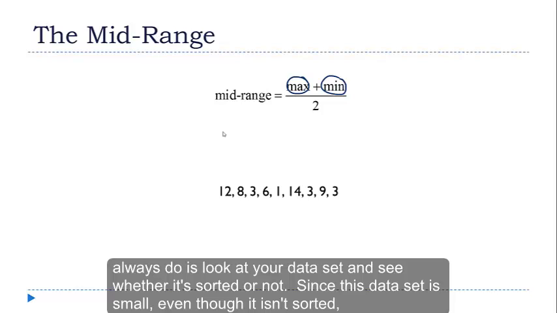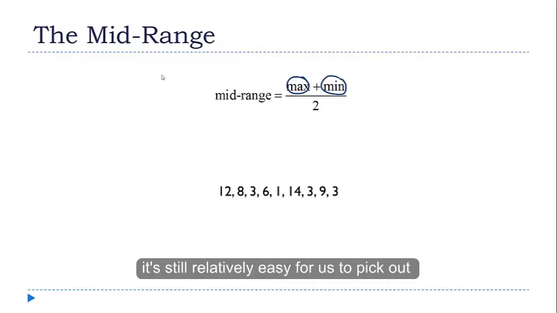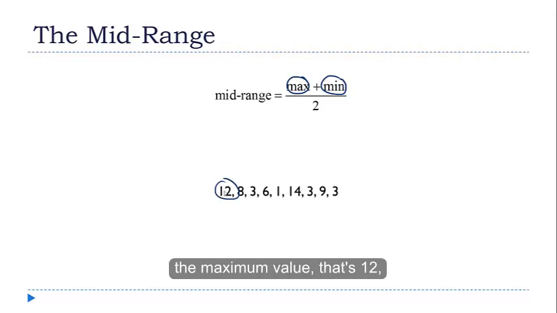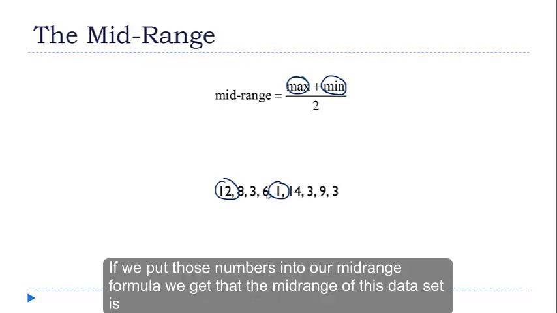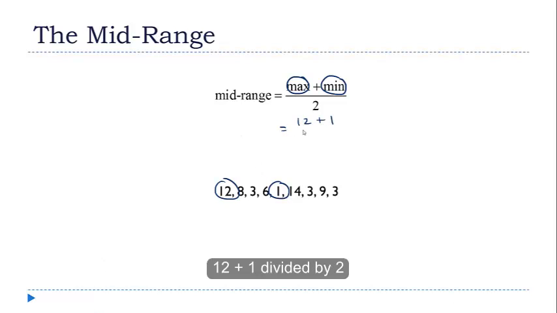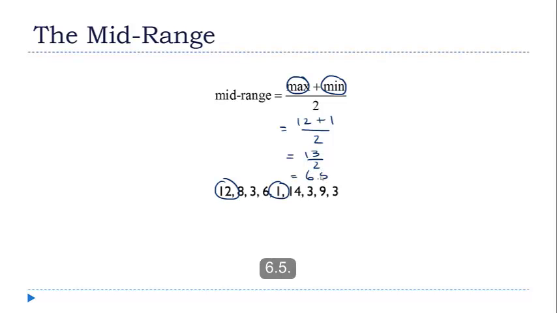Now, since this data set is small, even though it isn't sorted, it's still relatively easy for us to pick out the maximum value, that's 12, and the minimum value, 1. Now, if we put those numbers into our mid-range formula, we get that the mid-range of this data set is 12 plus 1 divided by 2, or 6.5.